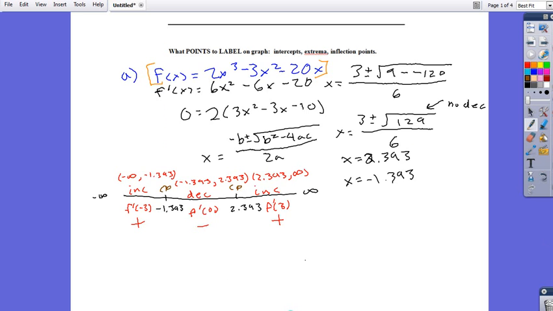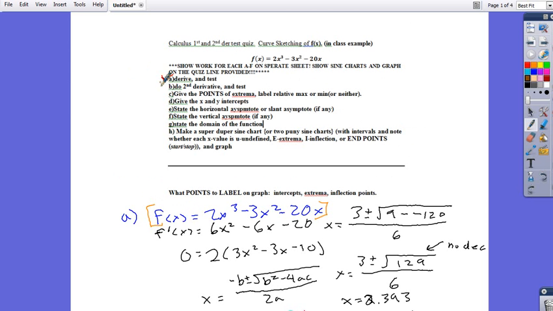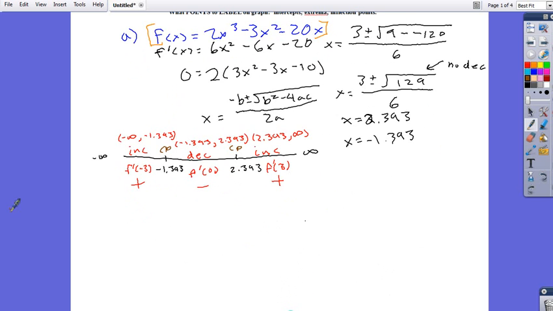So that's good. Now we want to do the second derivative and test. Alright, f prime of x was 6x squared minus 6x minus 20.